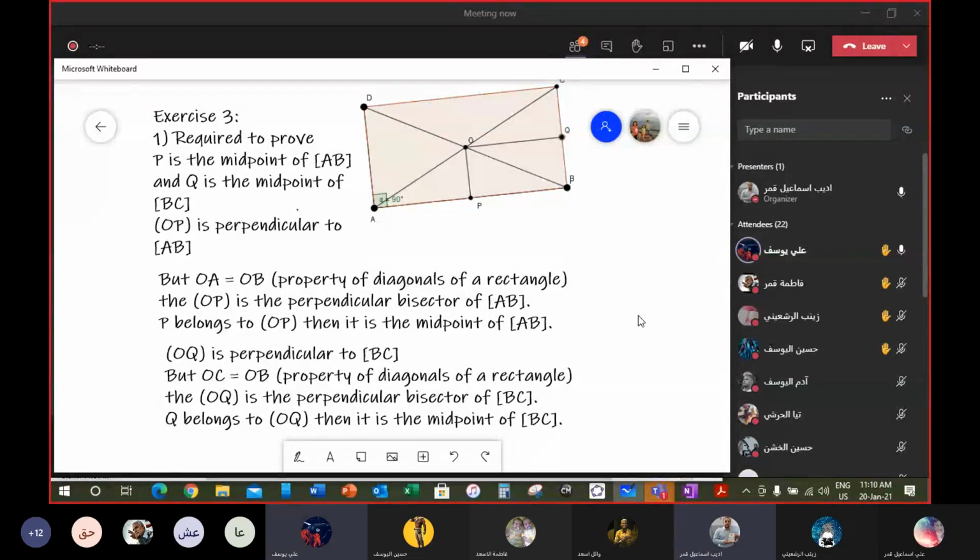Same as our method, Ali, but we need to give the reason why OP is the perpendicular bisector of AB and why OQ is the perpendicular bisector of BC.